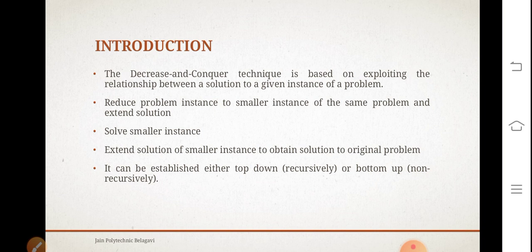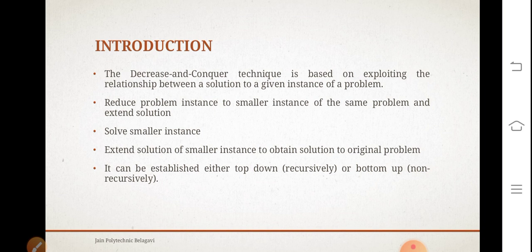The former leads naturally to a recursive implementation, although, as one can see from several examples in this chapter, an ultimate implementation may well be non recursive. The bottom up variation is usually implemented iteratively, starting with a solution to the smallest instance of the problem. It is sometimes called the incremental approach.